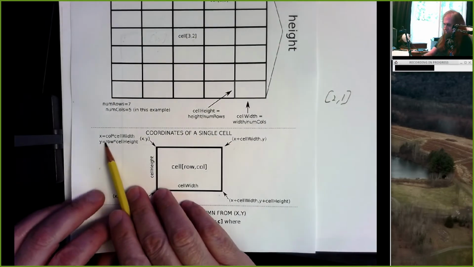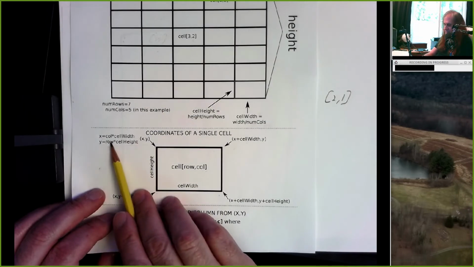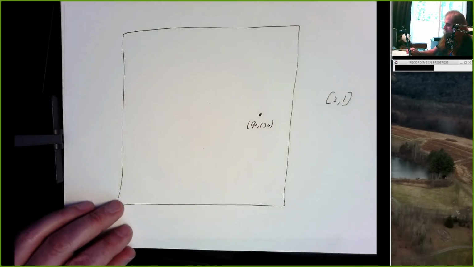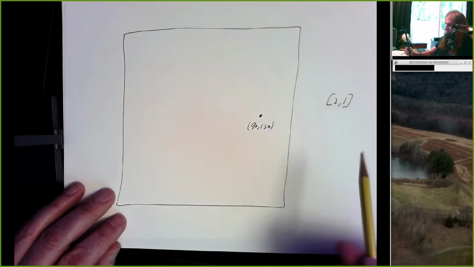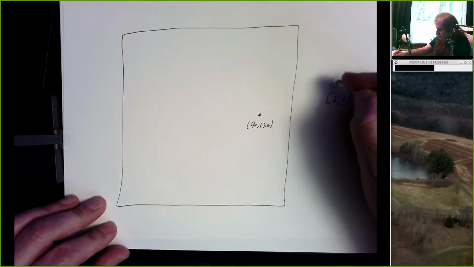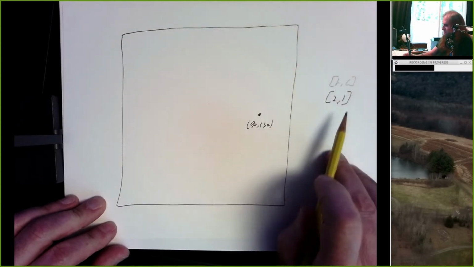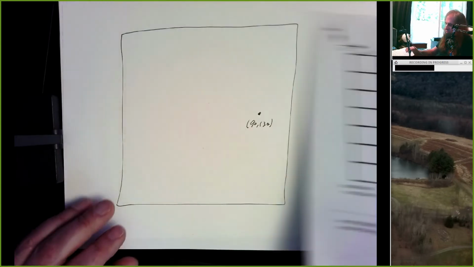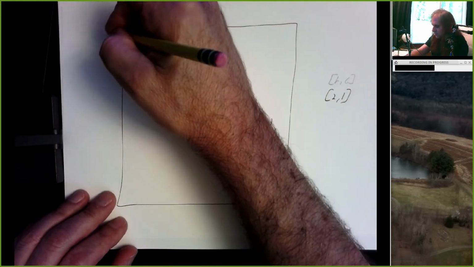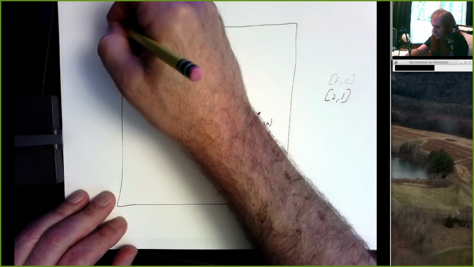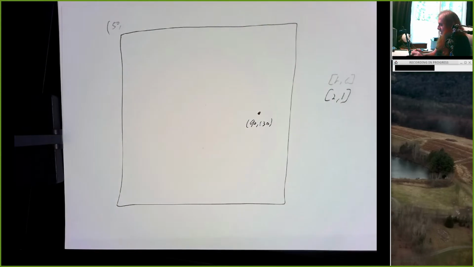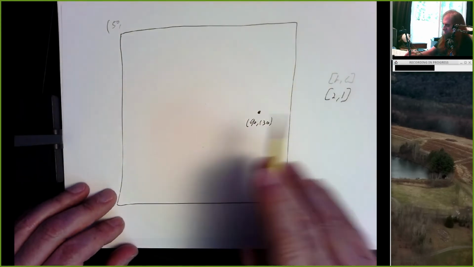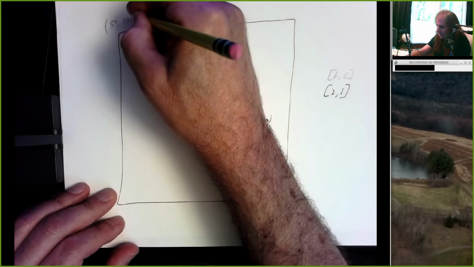The XY coordinate up here is the column times 50 and the row times 50. Column is equal to 1, so column times 50 will give us the X coordinate. So the X coordinate is 50 times 1, that's 50. And the Y coordinate is the row times 50, and it's row 2, so that's 50, comma 100.